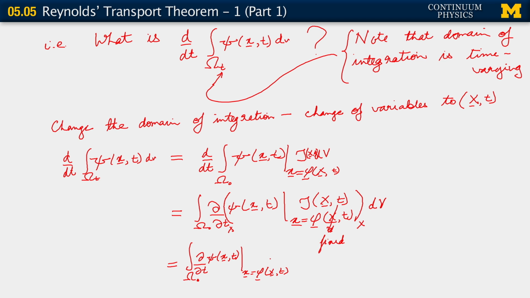Okay, so we're taking this derivative times J(X, time) plus ψ(x, time) times the partial derivative with respect to time of J(X, time). Okay, all of this integrated over dV. All right?